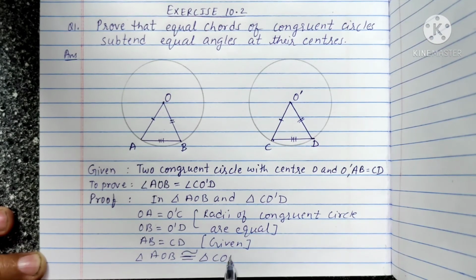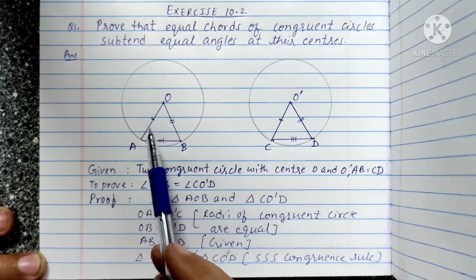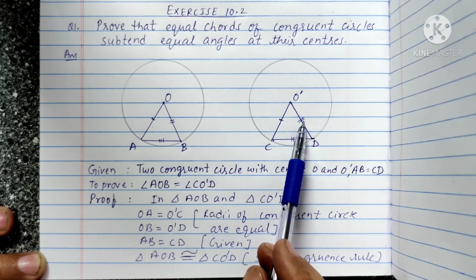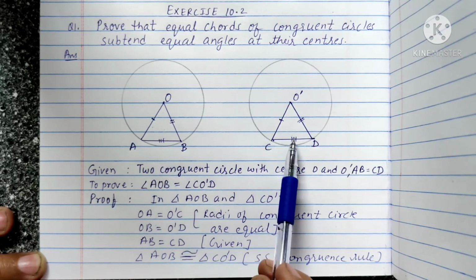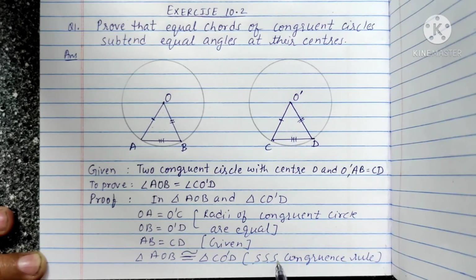So these two triangles are congruent by the rule SSS, that is side side side, the SSS congruence rule, because OA is equal to O'C, OB is equal to O'D, AB is equal to CD.